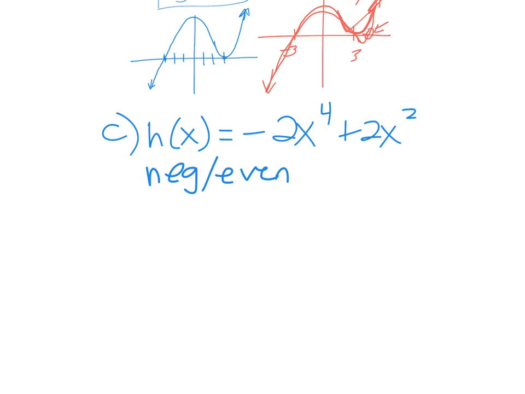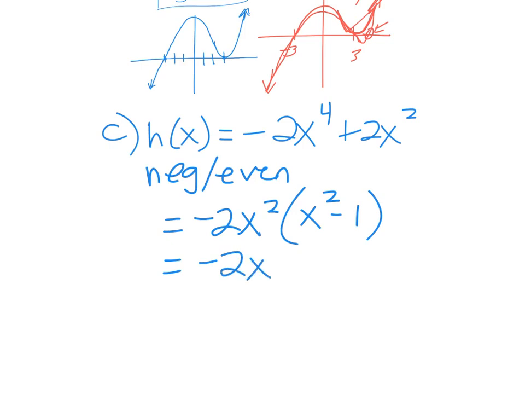It's going to be down, down. So let's go ahead and factor it. Let's factor out a -2x squared from both terms. If I factor out a -2x squared, I'm left with x squared minus 1. Can I keep going? Yep. Difference of 2 perfect squares. People forget that 1 is a perfect square, but it is. So x plus 1 and x minus 1.